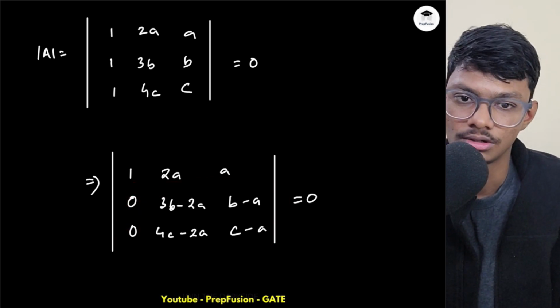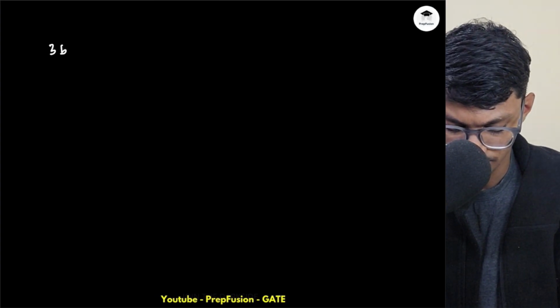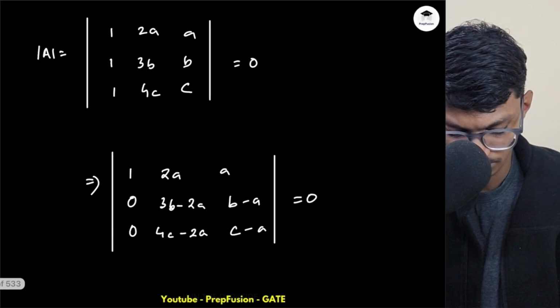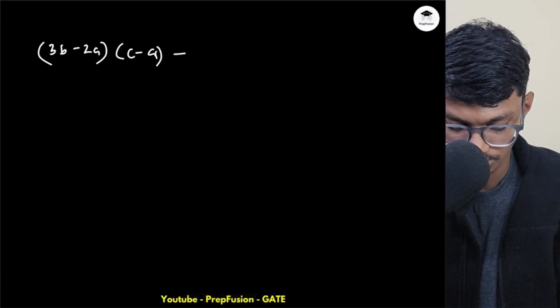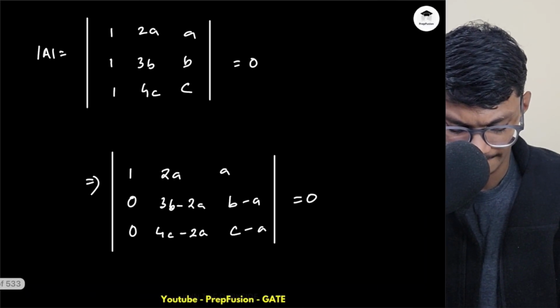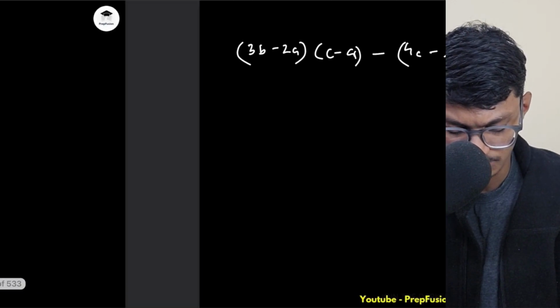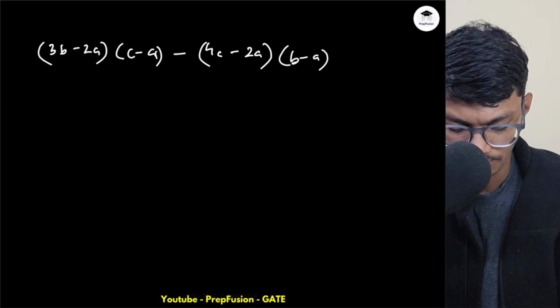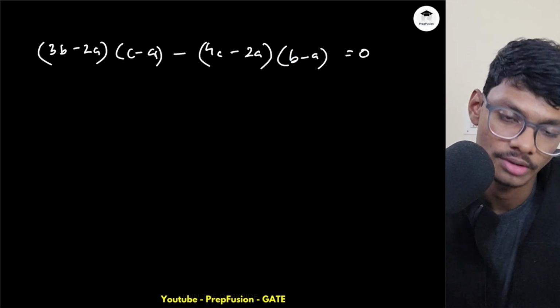I'm opening about the first column. So this will be 3B minus 2A into C minus A, minus 4C minus 2A into B minus A, equals to 0. Now here I am not able to see anything.